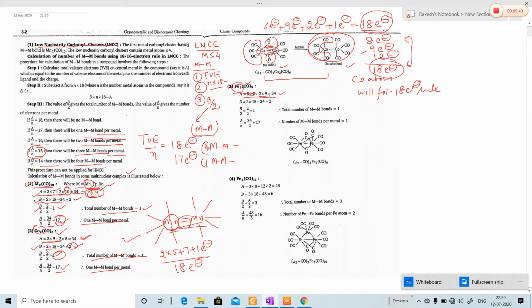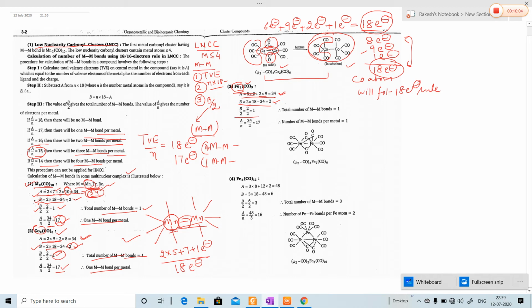There are 9 carbonyl molecules, so 2 into 9, and the total is 34 valence electrons. Then this 34 is subtracted from n into 18. The value of n is equal to 2, meaning the number of metal atoms. 2 into 18 minus 34 is equal to 2.